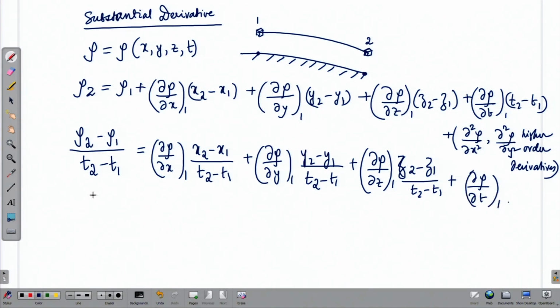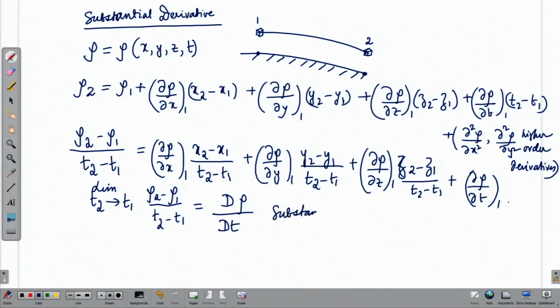Now, if you say that t2 tends to t1, that means essentially t2 minus t1 tends to 0, then in that limit rho2 minus rho1 by t2 minus t1 will be called capital D rho by Dt, which is the substantial derivative.